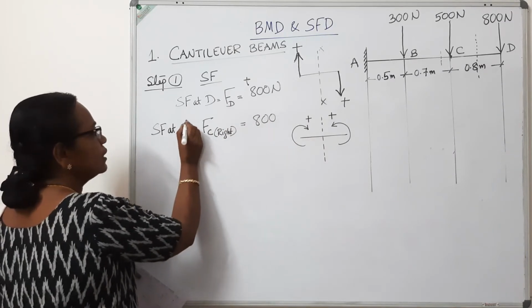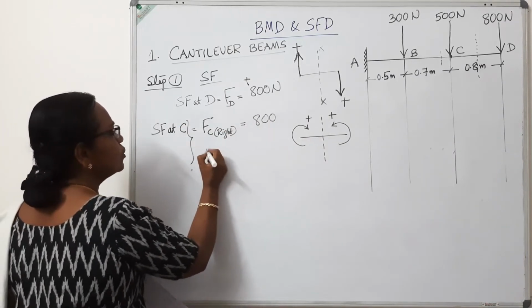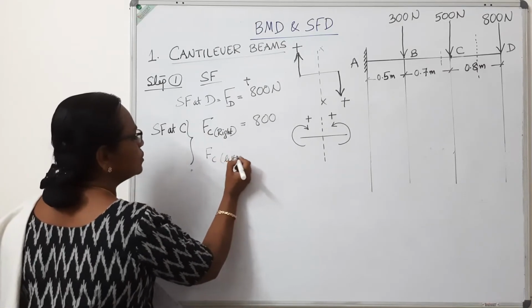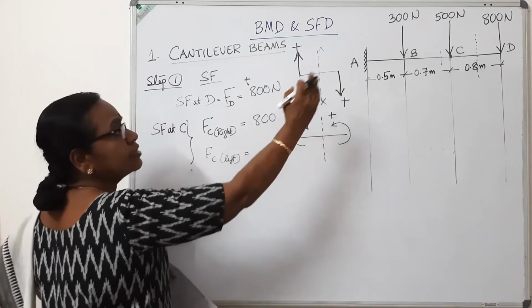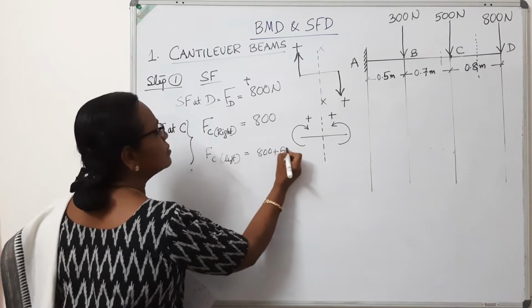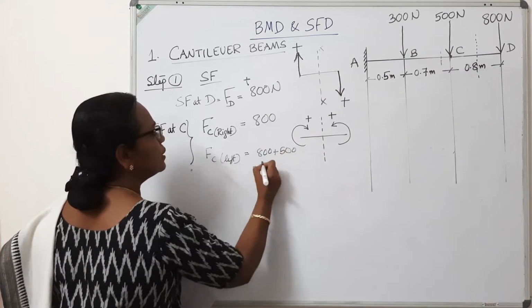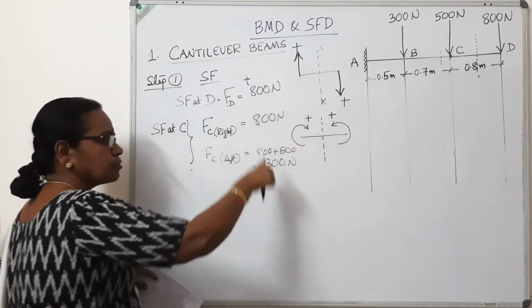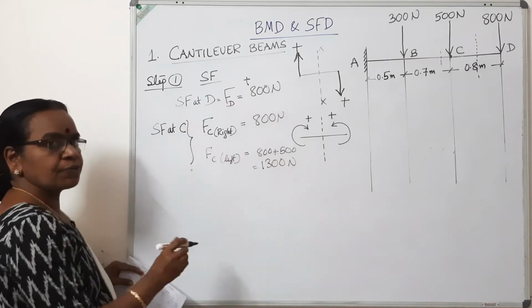But FC left, just to the left of C, there will be two forces, 800 plus 500, so it will be 1300 Newton. Sign is positive because both the forces are acting downwards.